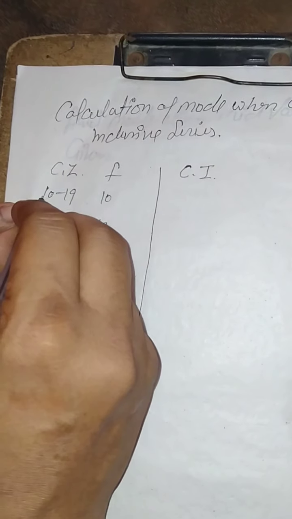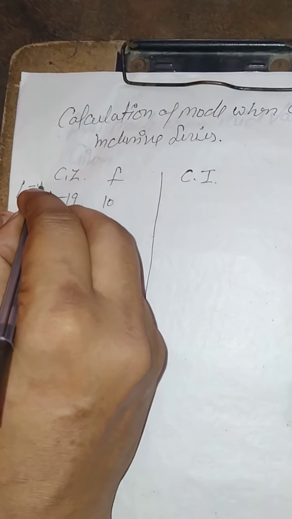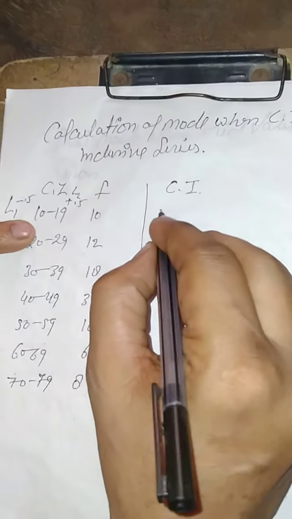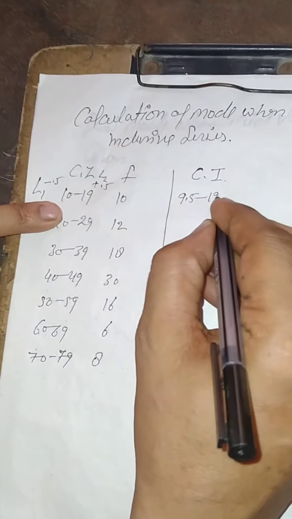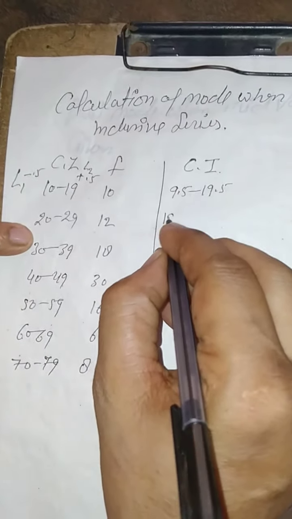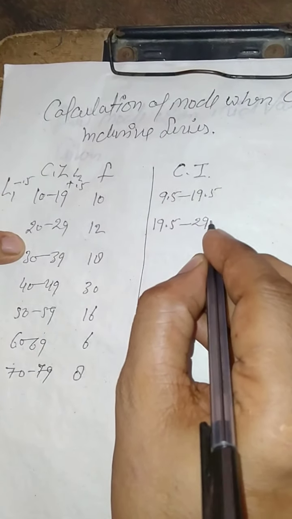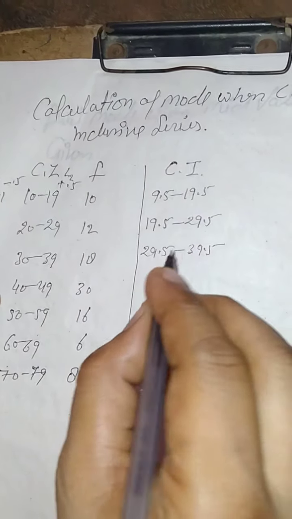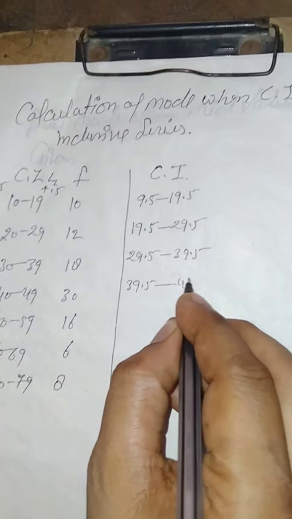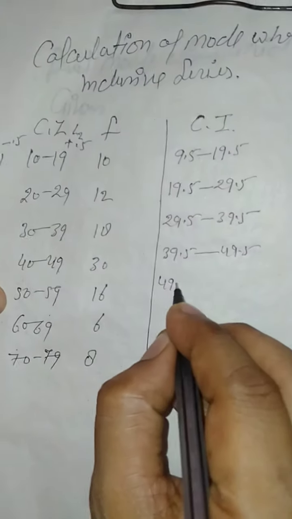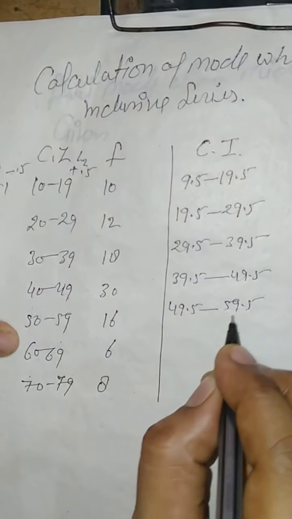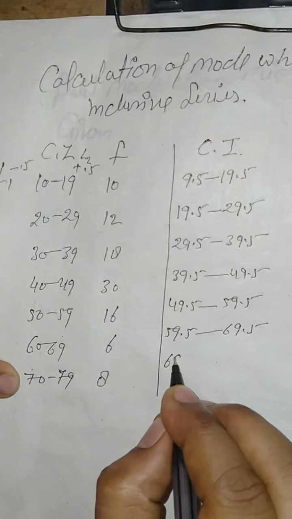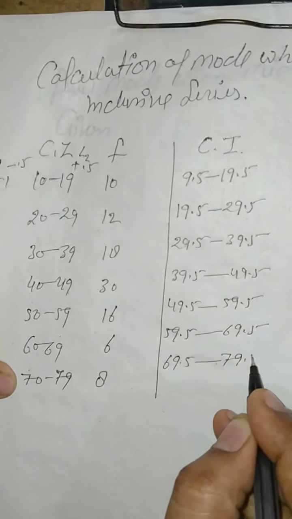You will subtract 0.5 from the lower limit and add 0.5 to the upper limit. So the class intervals become 9.5 to 19.5, 19.5 to 29.5, 29.5 to 39.5, 39.5 to 49.5, 49.5 to 59.5, 59.5 to 69.5, 69.5 to 79.5.